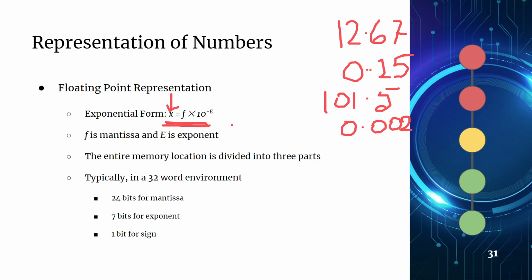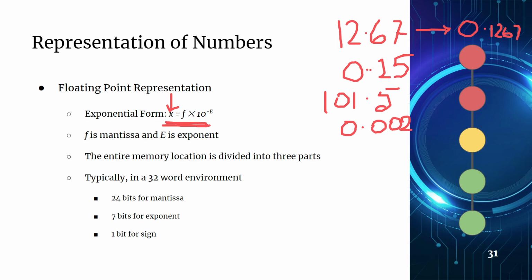If I want to show an example, take 12.67. We can change the form, but we have to ensure that the value remains unchanged. So we can convert it into 0.1267.